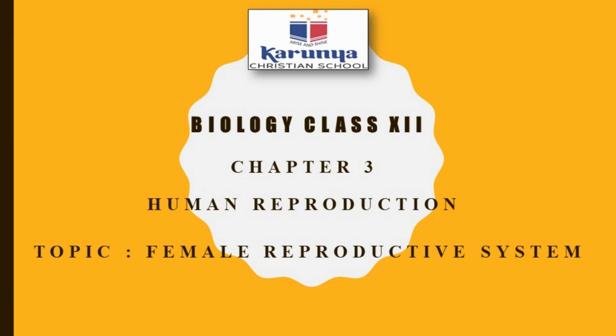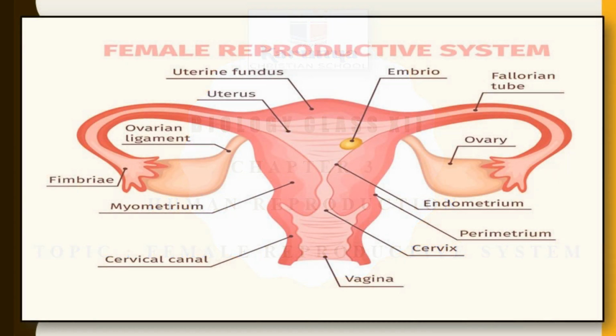We are continuing with our lesson Human Reproduction, and the topic for the day is Female Reproductive System. The female reproductive system consists of a pair of ovaries along with a pair of oviducts or fallopian tubes, uterus, cervix, vagina, and the external genitalia located in the pelvic region.